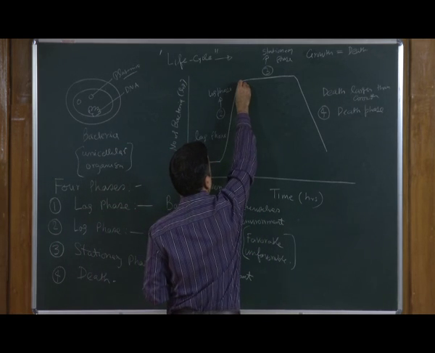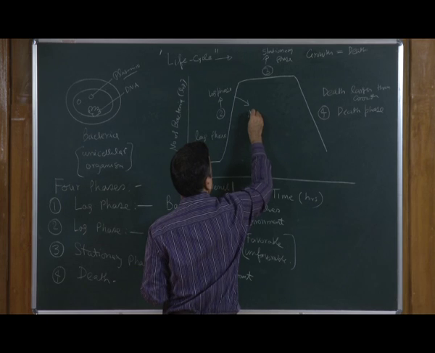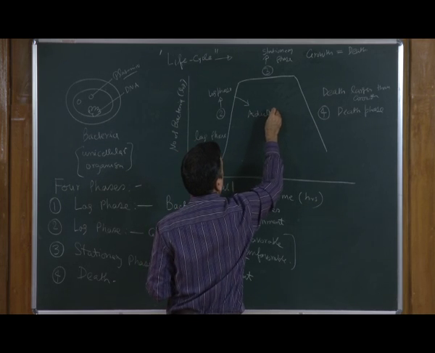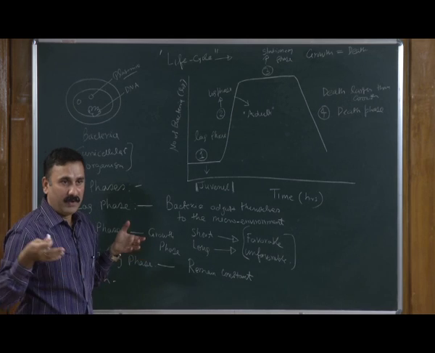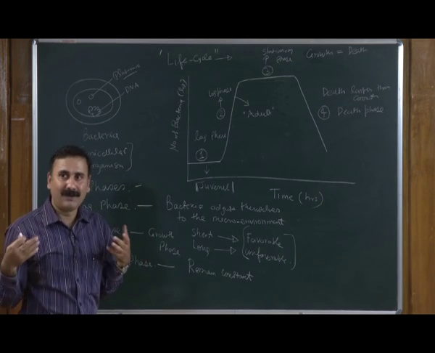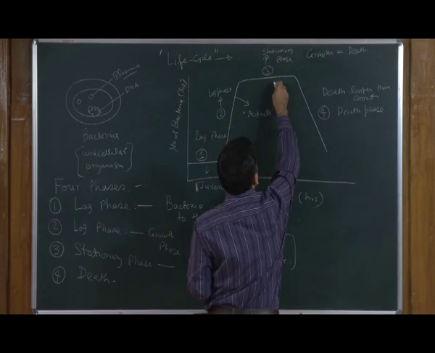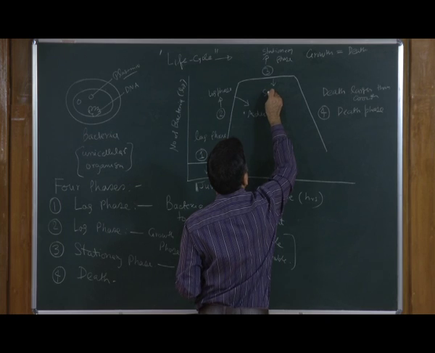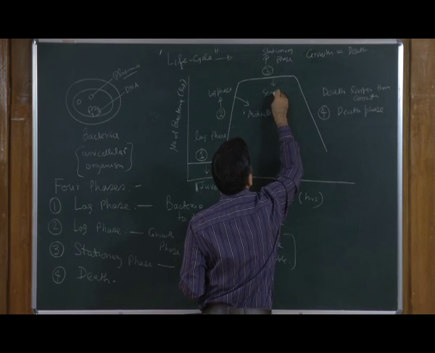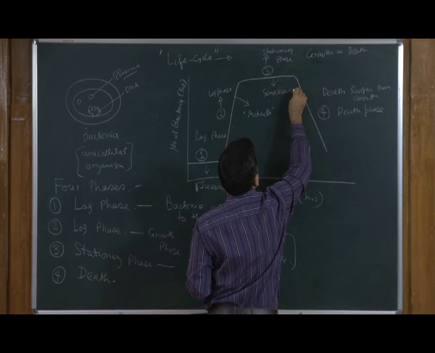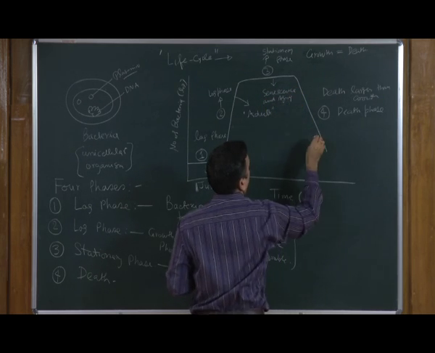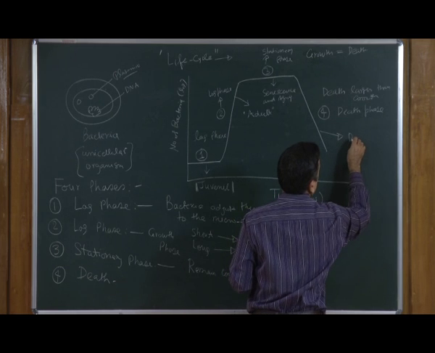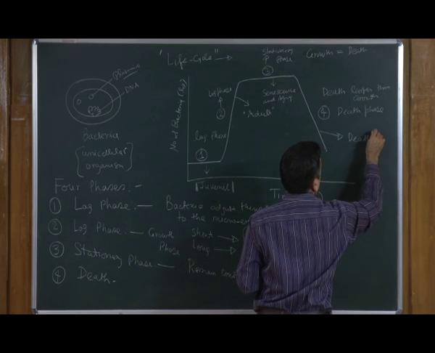Up to this, and then this is the adult stage, where the bacteria is reproducing and increasing their number, and then this is the senescence and aging phase, and this is the death phase.